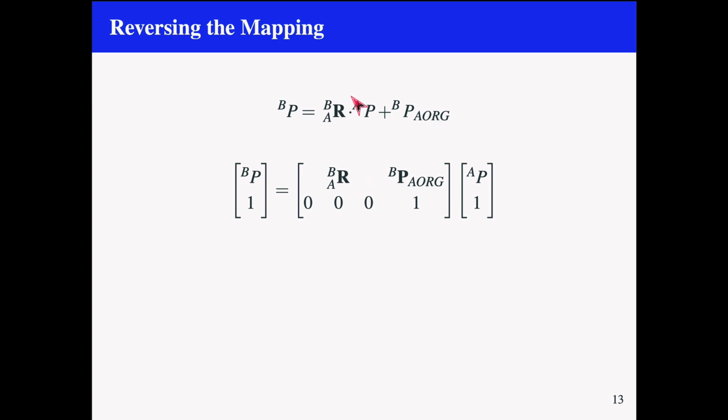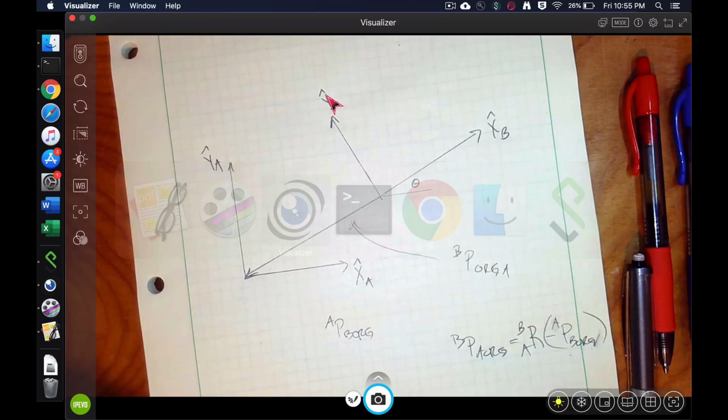I need to rotate it into frame B components and then add that to a translation that's also expressed in frame B components. So it's probably safest again to think of that as a translation in frame B components and then adding to that this known position vector rotated into frame B.